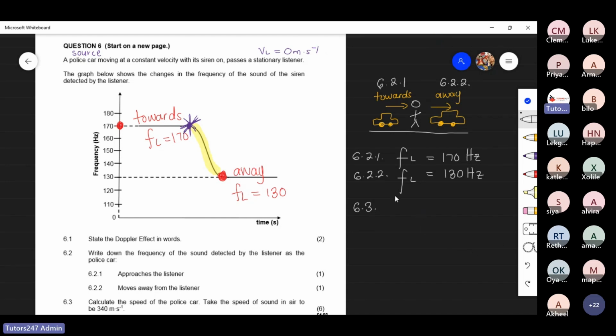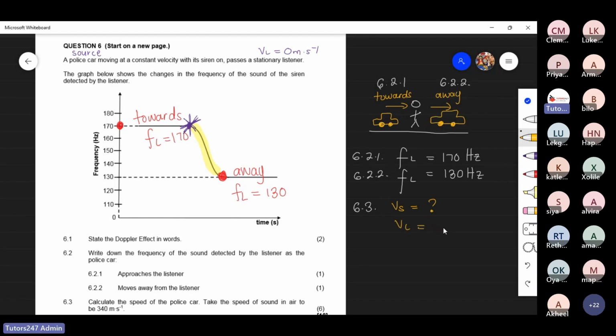Okay, so we've got question 6.3. Our goal is to now calculate the velocity of our source, meaning the velocity of our police car. So let us make a note of what we have. We need to find Vs, that is what we are looking for. We have VL.